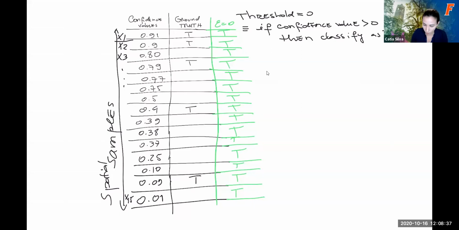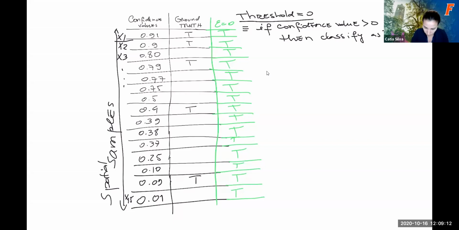Suppose the threshold is equal to 0. That means if the confidence value is greater than the threshold, the classifier is going to classify that sample as having a target. That's the green column here. All the confidence values are greater than 0, and so all of them will be labeled as having a target.